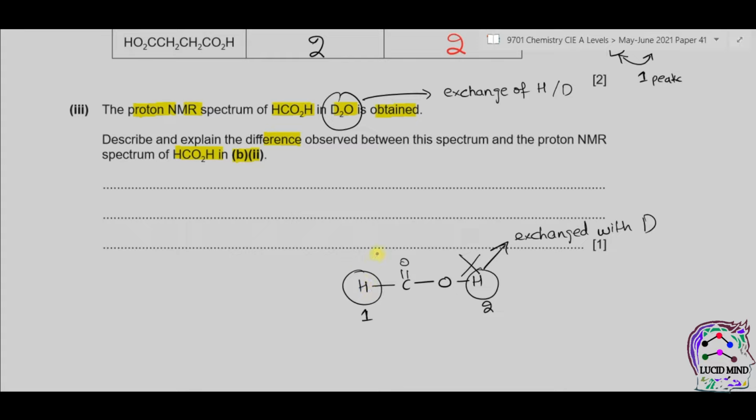So we can say that the OH peak in methanoic acid will disappear due to proton exchange with deuterium oxide.